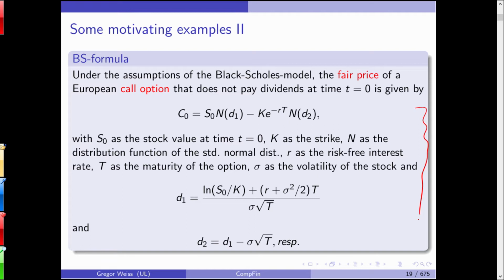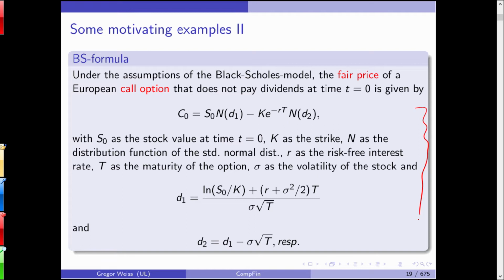Because when I studied business administration, my professors only taught me, this is the price of an option, learn it, don't try to understand it, you will never understand it anyway. But the model is quite sophisticated and very elegant. The only assumption you make is that the stock price follows a geometric Brownian motion.